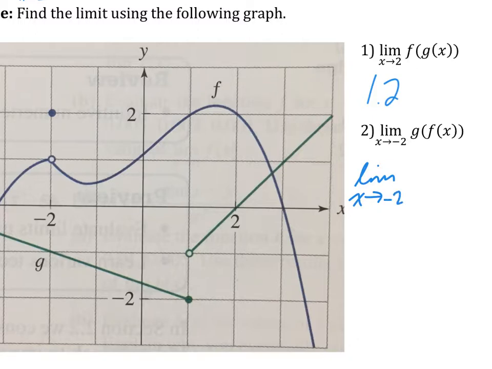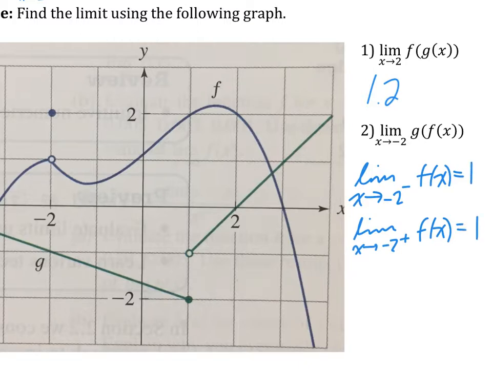Okay, so limit as x goes to -2. We said the limit exists if we are going to the same number from both sides, right? So we have to look at the left-hand side and the right-hand side. Both of them are going to give you the same number, but this is the tricky part.